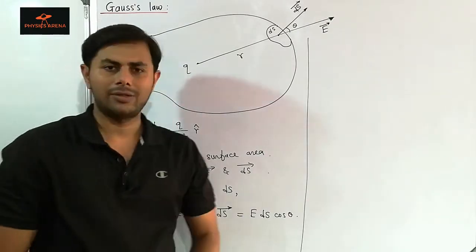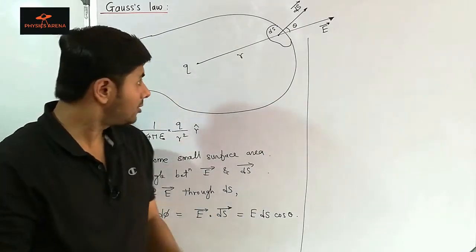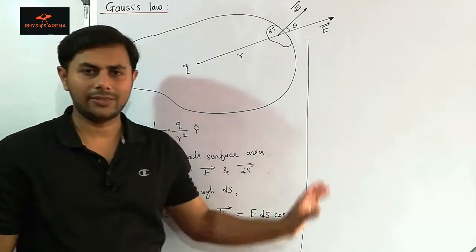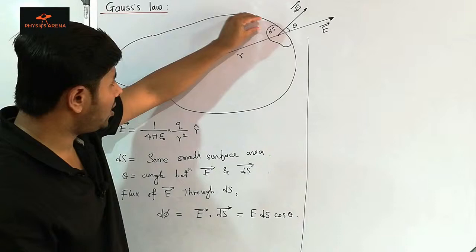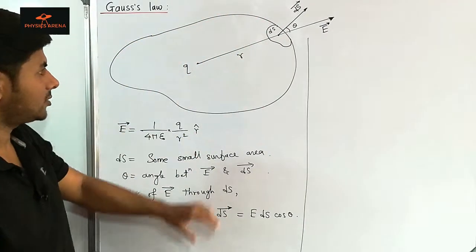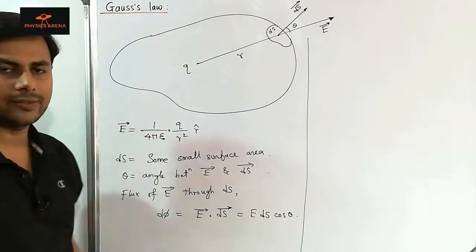Now therefore the total flux through this total closed surface is the sum of the flux due to all such surface areas.